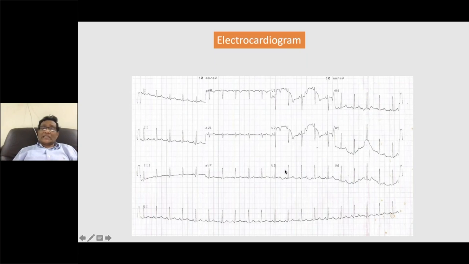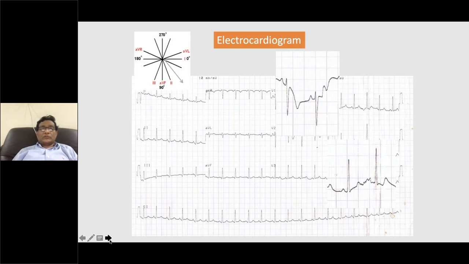So any normal ECG of adult pattern in a neonate is 100% abnormal. That suggests it's a right ventricular problem. Here the QRS axis is somewhat normal and right ventricular forces are totally absent, suggestive of a hypoplastic right heart syndrome.